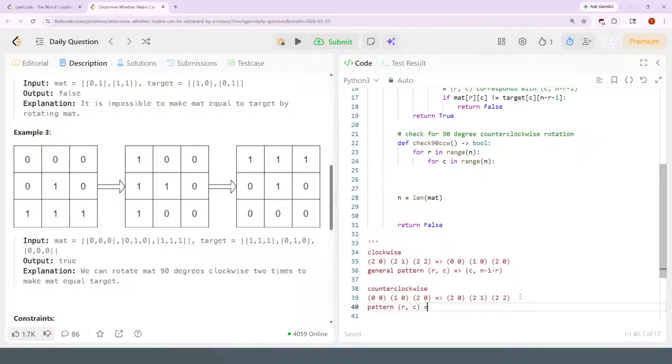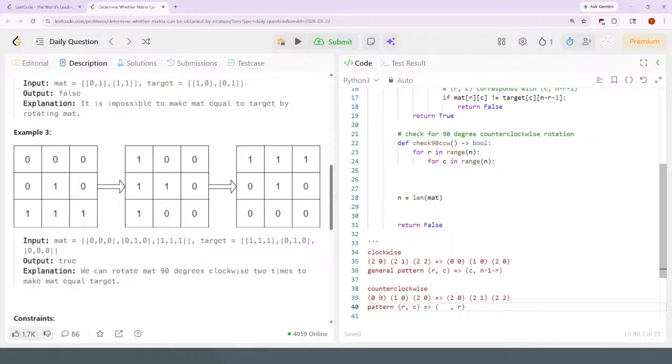RC, the value of the column matches the row. No. The value of the row matches the column. 0, 1, 2 becomes 0, 1, 2 there.